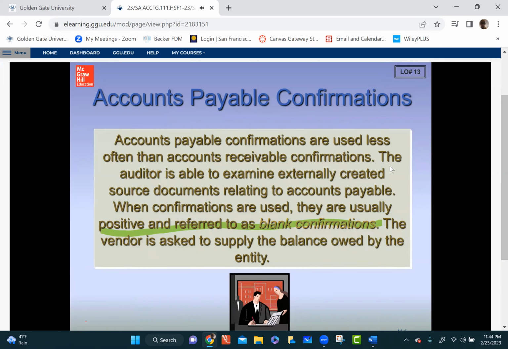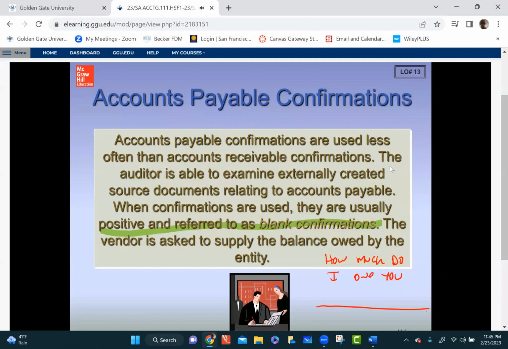So now you're sending out a confirmation, and it's coming from the auditor who controls it, but the voice is coming from your client to their vendor saying, how much do I owe you? And it's blank, right? And you want them to write you back.